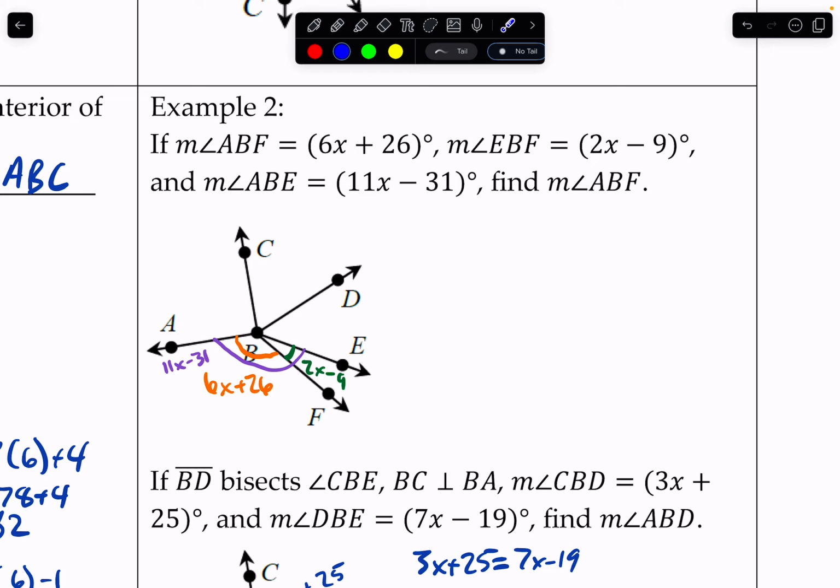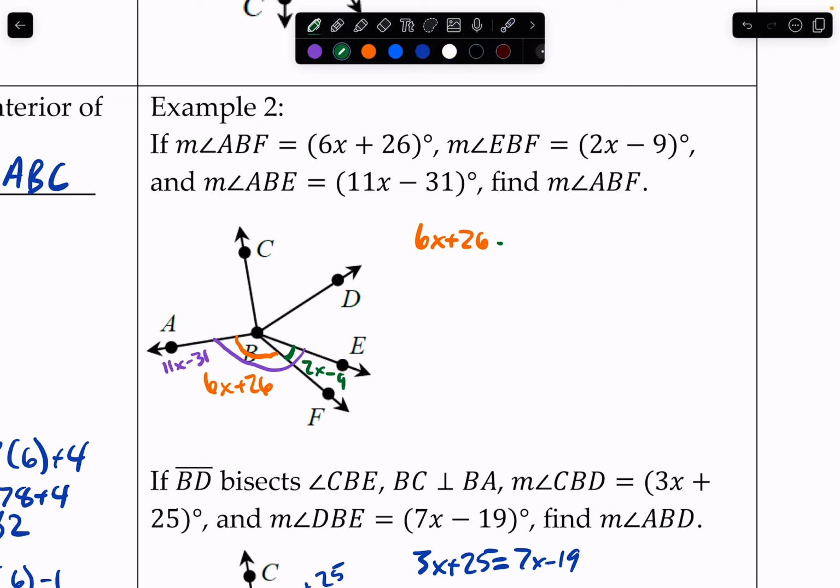All right, so here's the deal. Just like with segment addition postulate, if you have two smaller angles that combine to make up a larger angle, add them together and they equal the larger one. So I have a smaller angle, 6x plus 26, that's this small one here, ABF. And then I have another, even smaller angle, 2x minus 9.